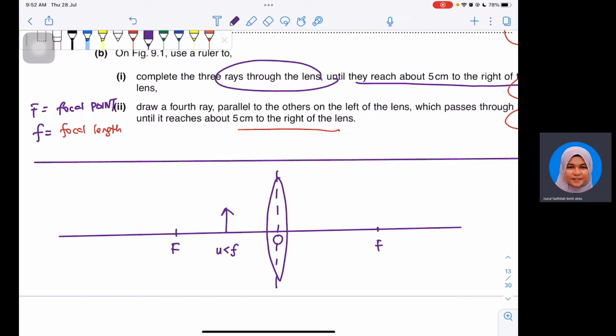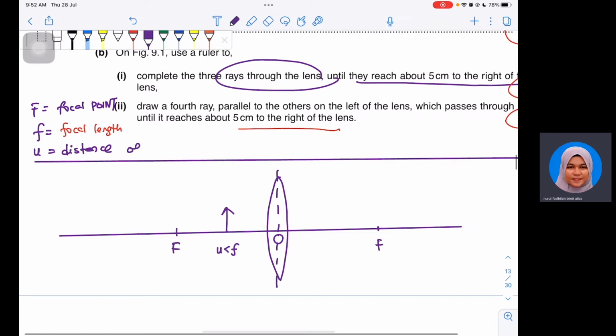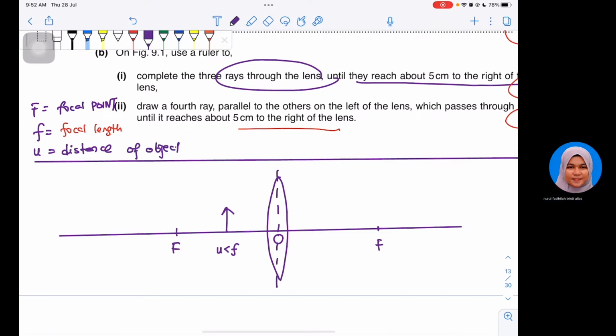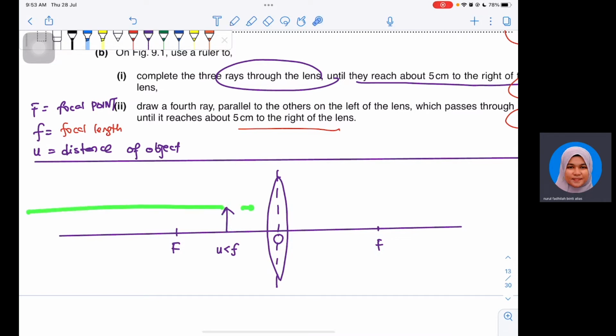Ni bukan frekuensi, ni tajuk lah. And then next you need to know what is U. U is distance. So maksudnya this is about length. Distance of object daripada mana ke mana. So this is my object. So U tu dari mana ke mana? Sini ataupun sini.